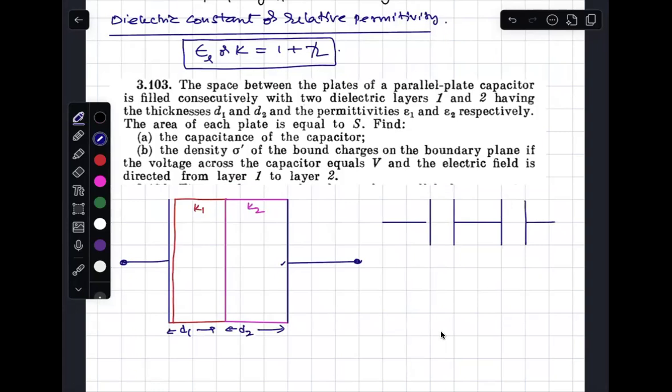This is capacity C1 and this is capacity C2. And I have given dielectric constants K1, K2 in the place of permittivities. Don't get confused. Your epsilon 1 is K1 epsilon naught and your epsilon 2 is K2 epsilon naught. Last I will convert.